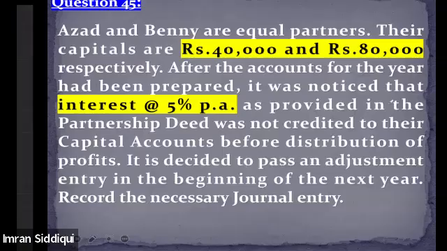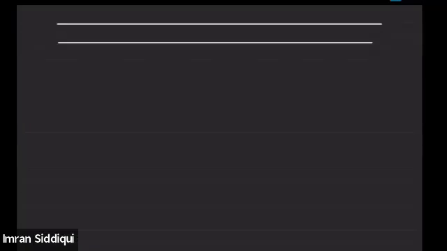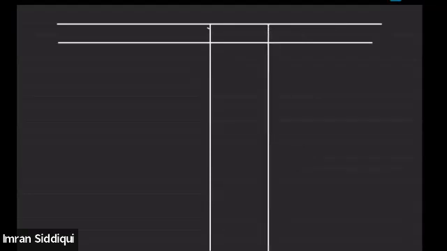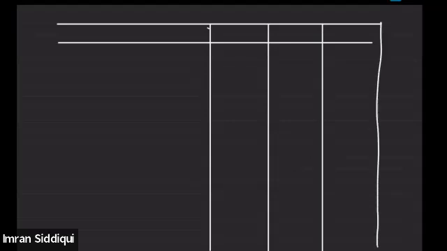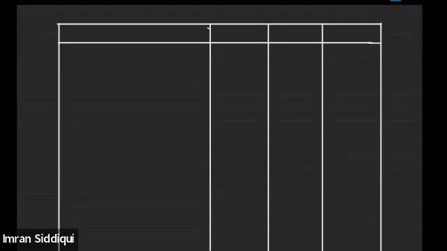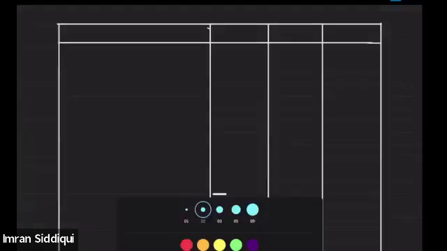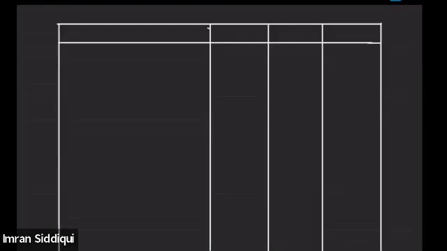And since we have two partners here, Azad and Benny, all right. So the first thing that we need to write down is the amount that should have been credited, right?